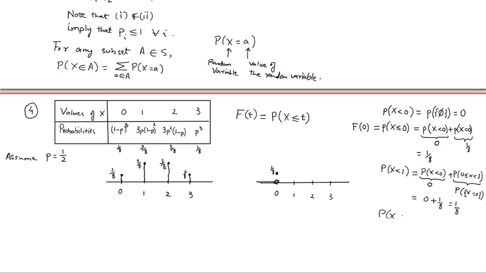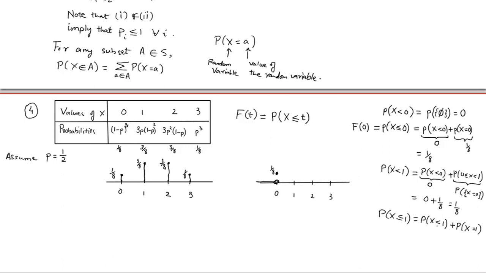Can you find the probability of x less than or equal to 1? Can you guys now lead? What should I write? Plus probability of, what should I write here? So x equals 1.